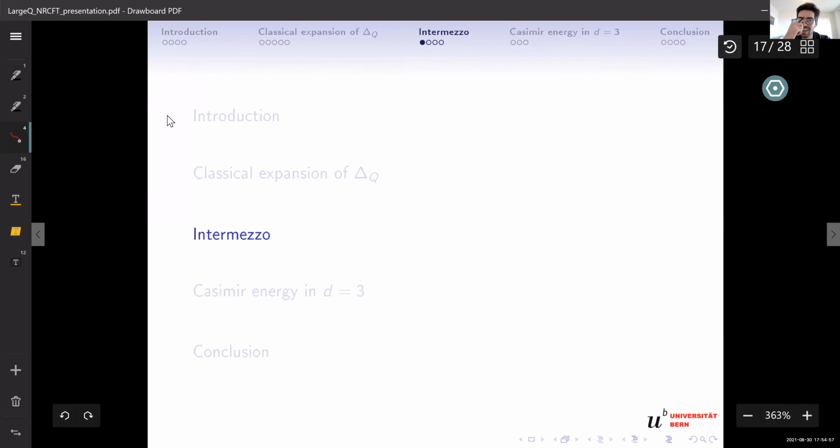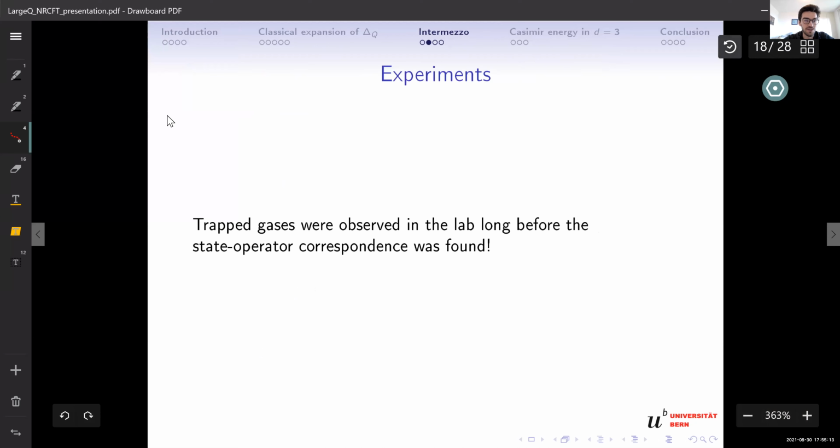Okay, so I will quickly comment on something that Gabriele mentioned, which is basically experiments, right? But here the connection is much stronger than in the relativistic case, because the correspondence actually maps the non-relativistic CFT in flat space to something that they actually measure in the lab, like literally in the lab, right?